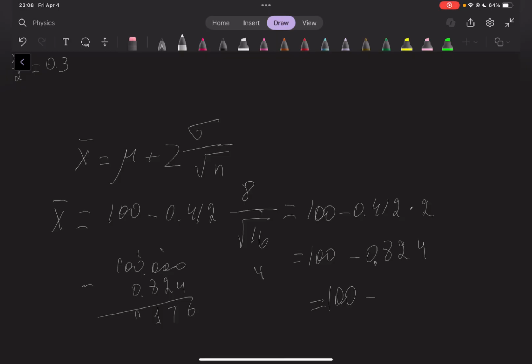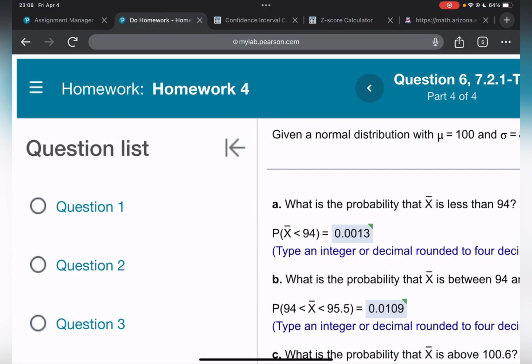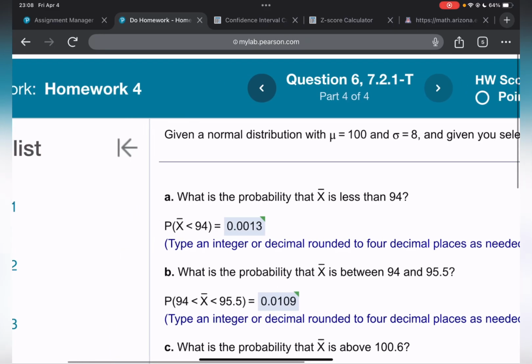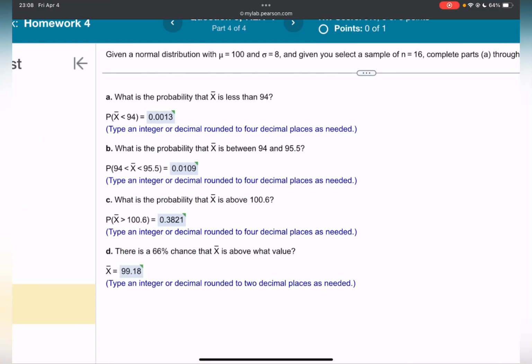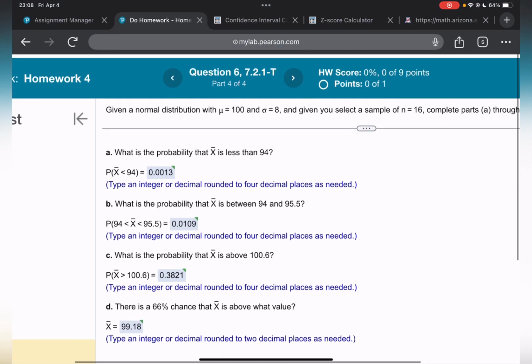Here will be 9, and here is also 9, 99.176. All right, let me see. That's right, 99.18.